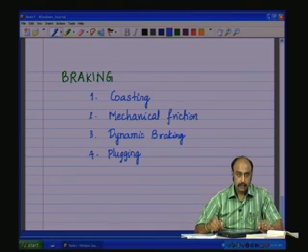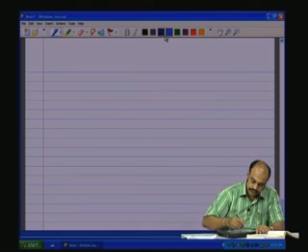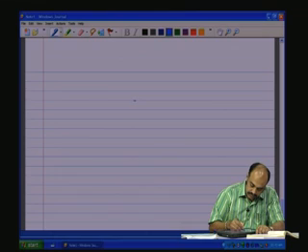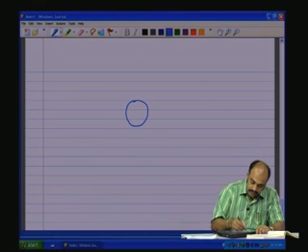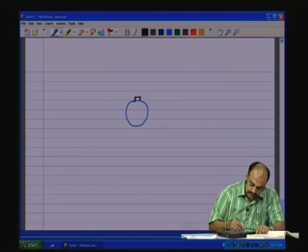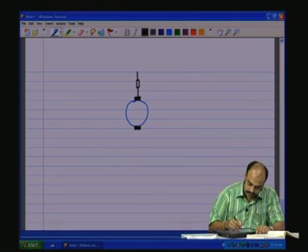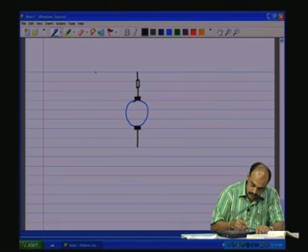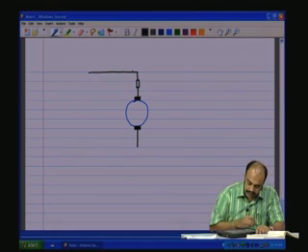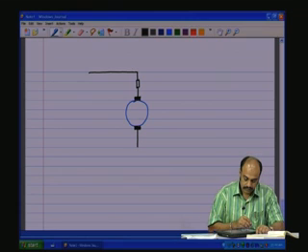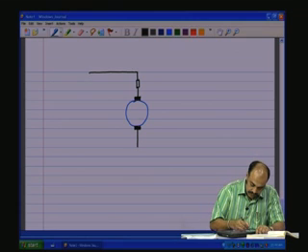If you look at the schematic of the motor system, let us say we have the DC motor and the brushes, which are connected in this fashion.